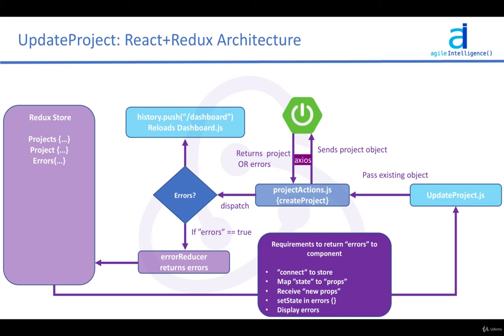And then it's pretty much the same dance. We send a project object. If it's valid, it returns the project object and sends us back to the dashboard. If we have errors, then it's going to dispatch the get errors action with the payload of errors, and then it is exactly the same dance.